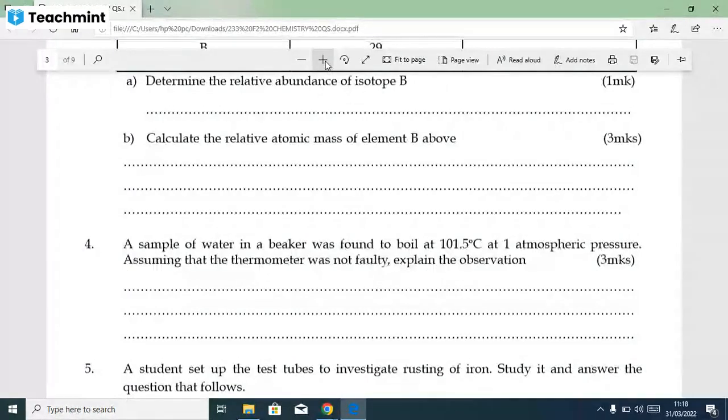Kwa nini boil at 101 na tunajua inafaa kuwa 100? That's the question. The water was not pure. Very correct. The water was not pure. Very correct. The water was impure.